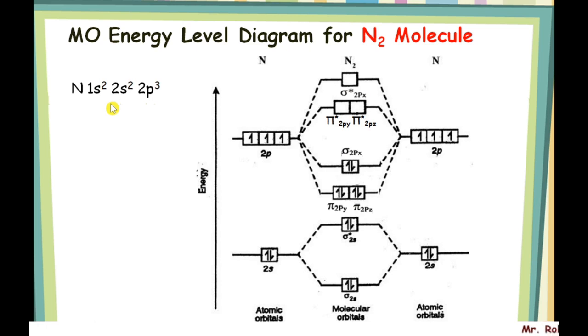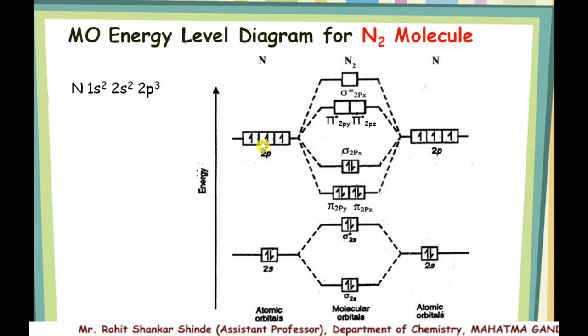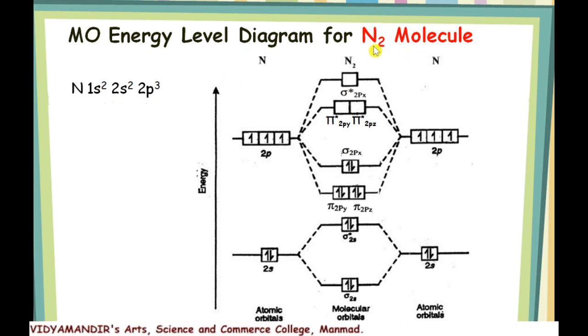The 2 2s orbitals and 6 2p orbitals of 2 nitrogen atoms, that is total 8 atomic orbitals, combine, and they form 8 molecular orbitals. So in case of N2 molecule, 7 plus 7, total 14 electrons are there.